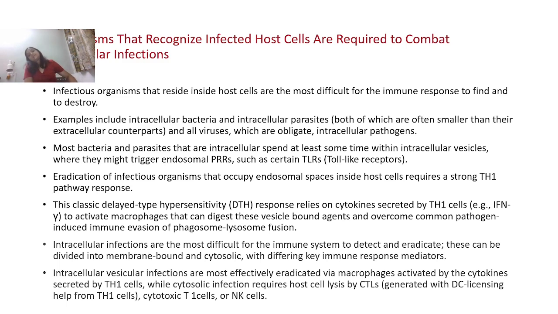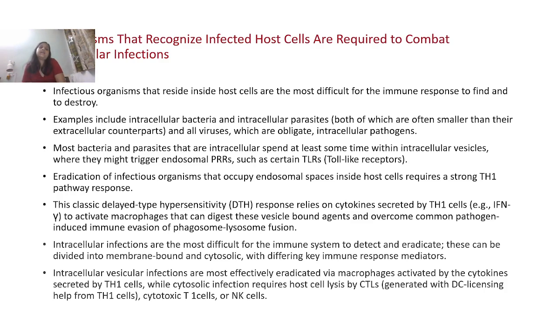Most bacteria and parasites that are intracellular spend at least some time within intracellular vesicles, where they might trigger different kinds of PRRs or pathogen recognition receptors such as TLRs or toll-like receptors.